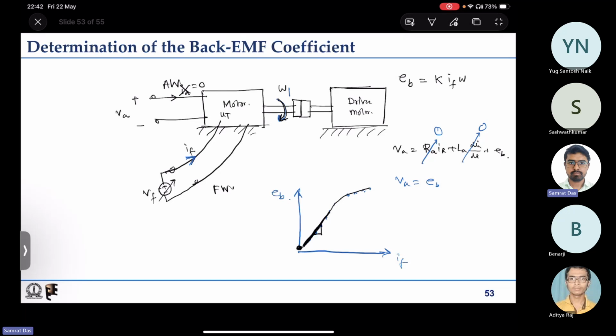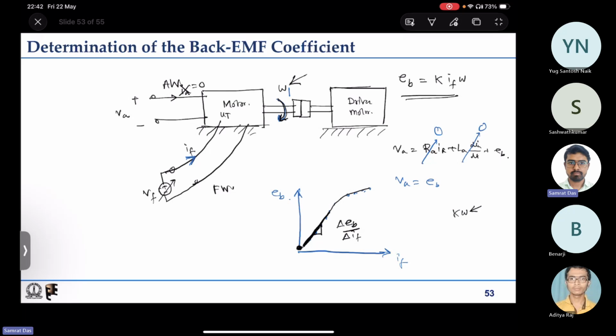This slope will be delta EB by delta IF. So from this equation, EB by IF, you get K omega, and you know what is the omega at which you have operated the motor.